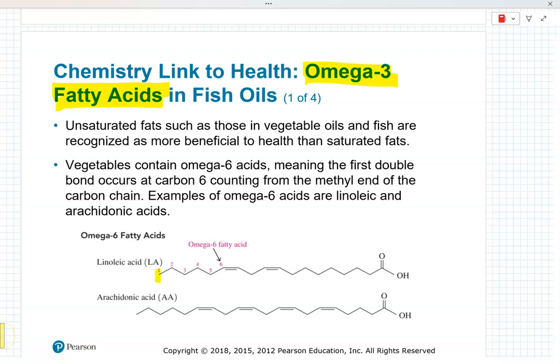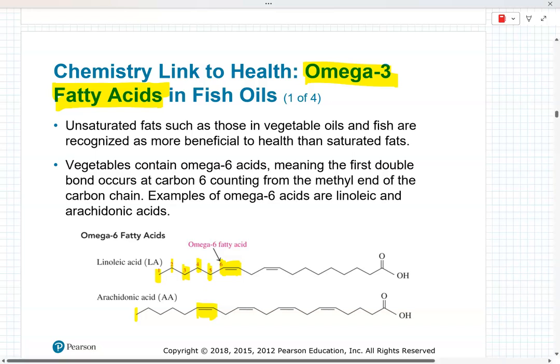So this carbon right here is an omega carbon, the very last one. Then we start counting from that omega, which is number 1. So we go 1, 2, 3, 4, 5, and at the carbon 6 from the very end, we have a double bond. Making sense?